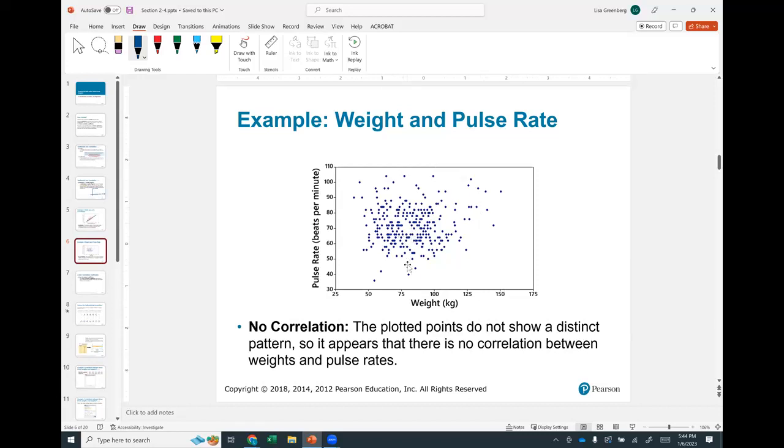Well, not necessarily, because here's a high pulse rate with a smaller weight, and here's a smaller pulse rate with a bigger weight. So it doesn't seem to be going exactly in any direction. It kind of is just spread everywhere, right? And so the plotted points do not show a distinct pattern. So it appears that there is no correlation between weight and pulse rates. Okay.